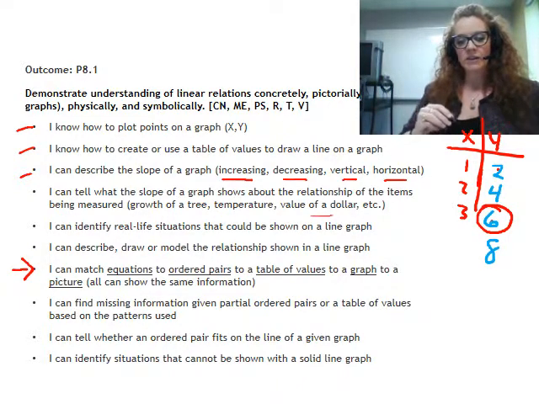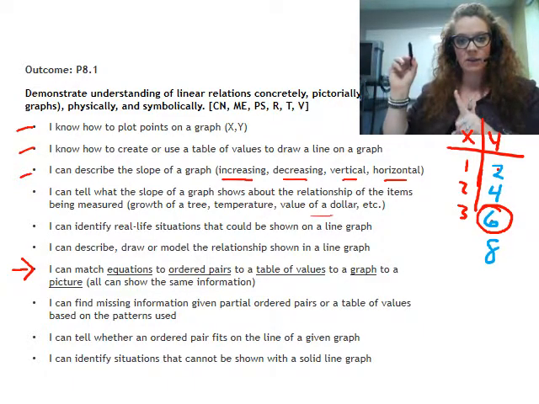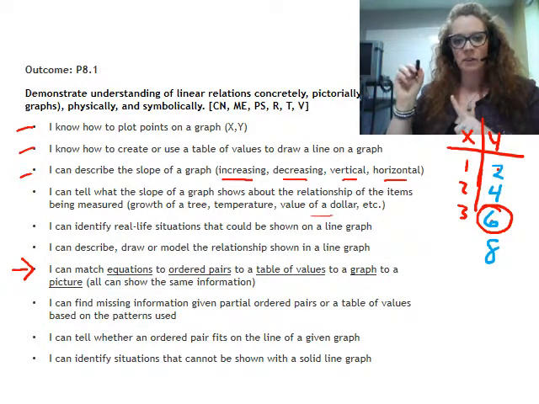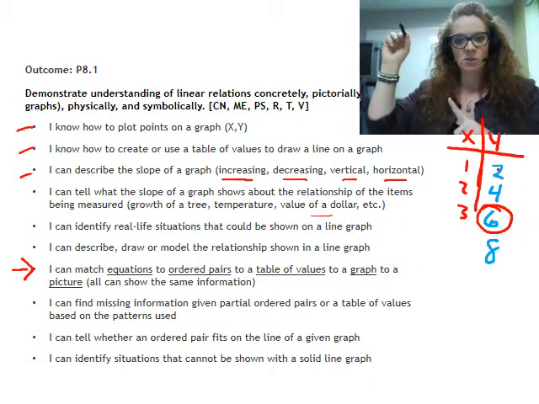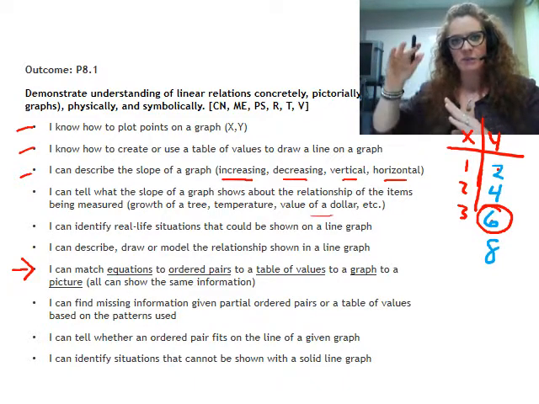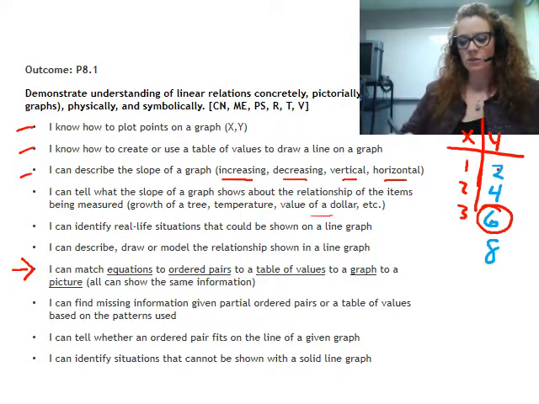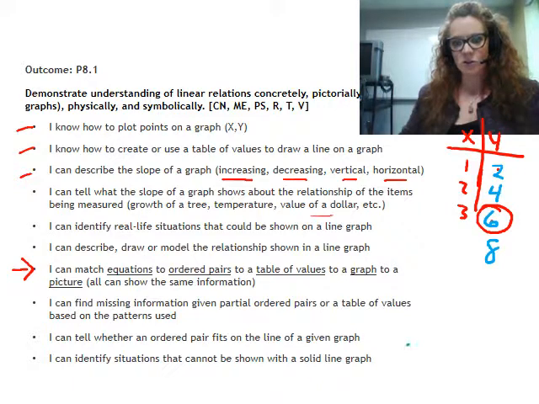And so if your tree is 1 foot tall today and 6 feet tall in a couple years, at some point along the life of that tree, it was 3 feet tall. It hit every stage of growth, right? It didn't just one day, poof, it was 6 feet tall. It grew steadily, maybe faster, maybe slower, but it hit 2 feet and 3 feet and 4 feet at some point. And so growth of a tree is something that could be shown.